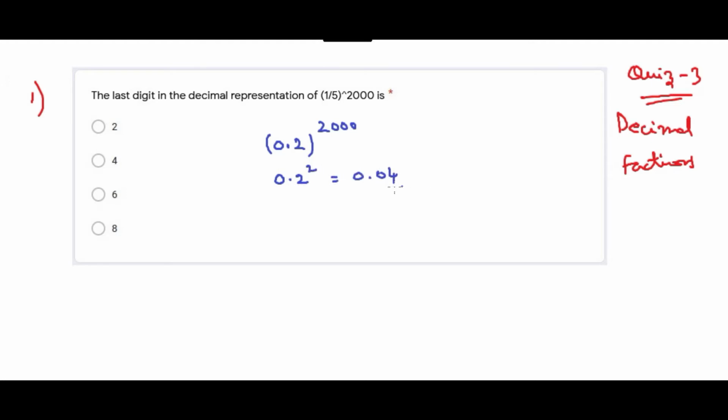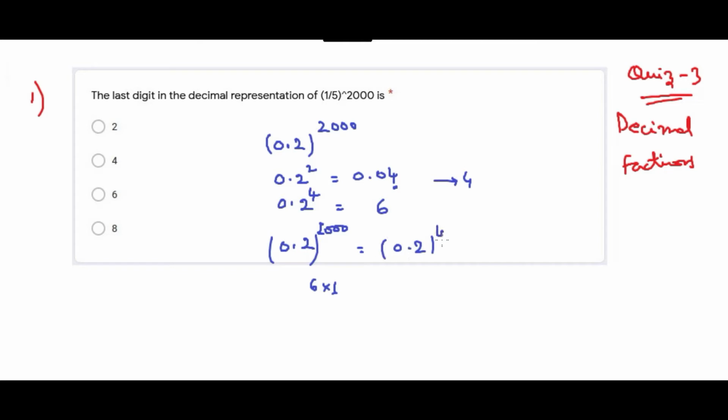The last digit in the decimal representation is 4, and 4 fours are 16, so the last digit is 6.